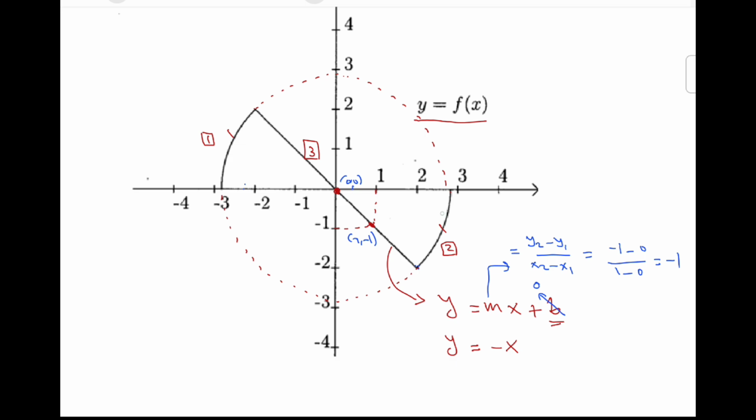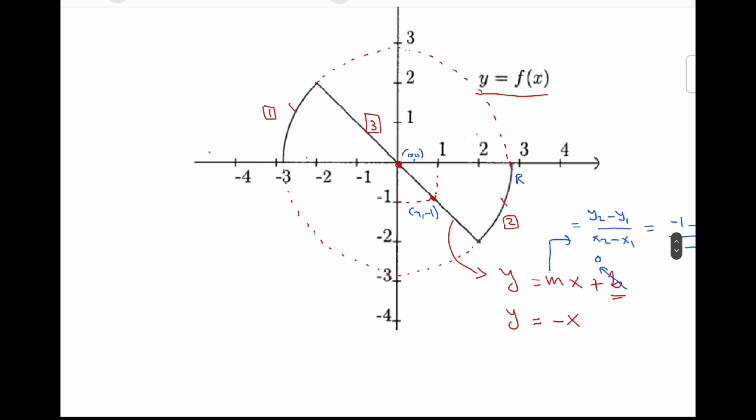Now, suppose this circle has a radius given by capital R. We know that the full circle can be expressed as x squared plus y squared equal to r squared, because it's centered around the origin. Solving for y, we get y squared equal to r squared minus x squared.